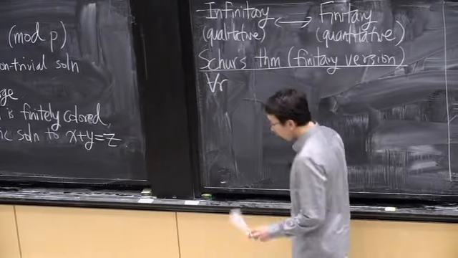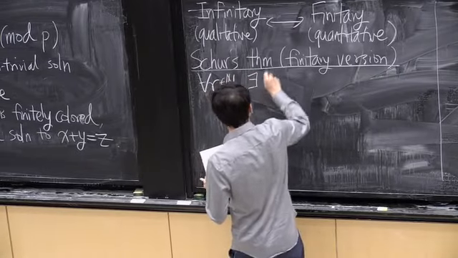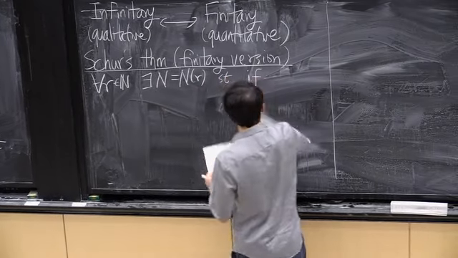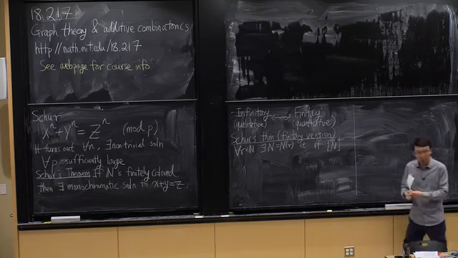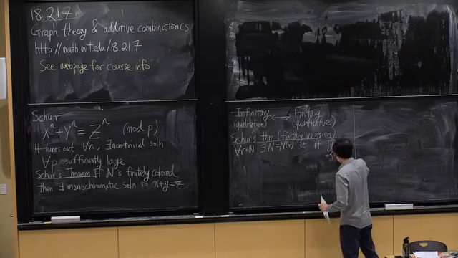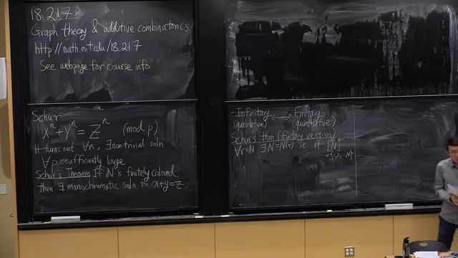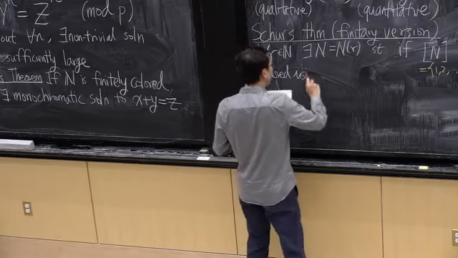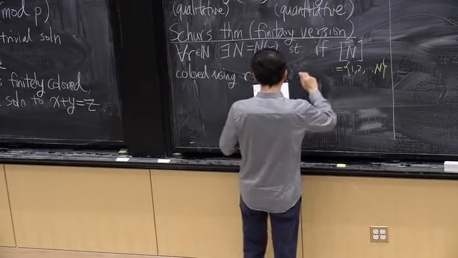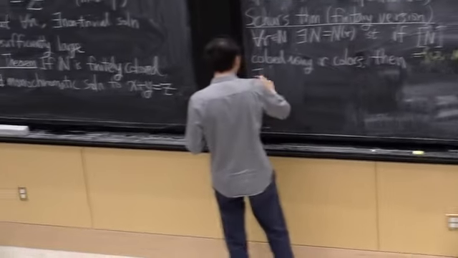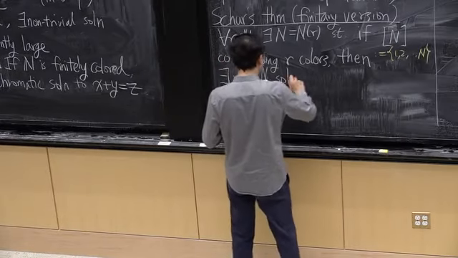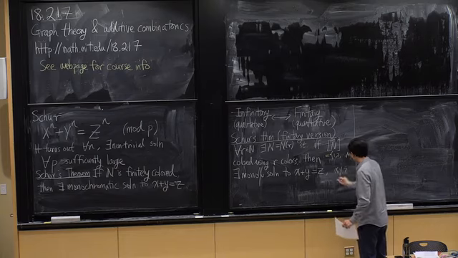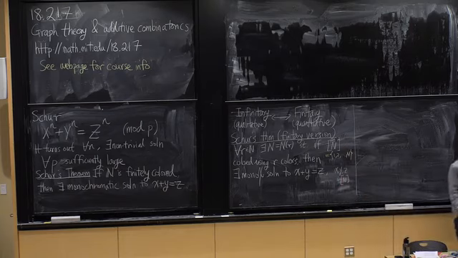You give me an R. For every R, there exists some n, a function of R, such that if the numbers 1 through n are colored using R colors, then necessarily there exists a monochromatic solution to the equation x plus y equals z, where x, y, and z are in the set that is being colored. Throughout this course, I'm going to use bracket n to denote the integers up to n.